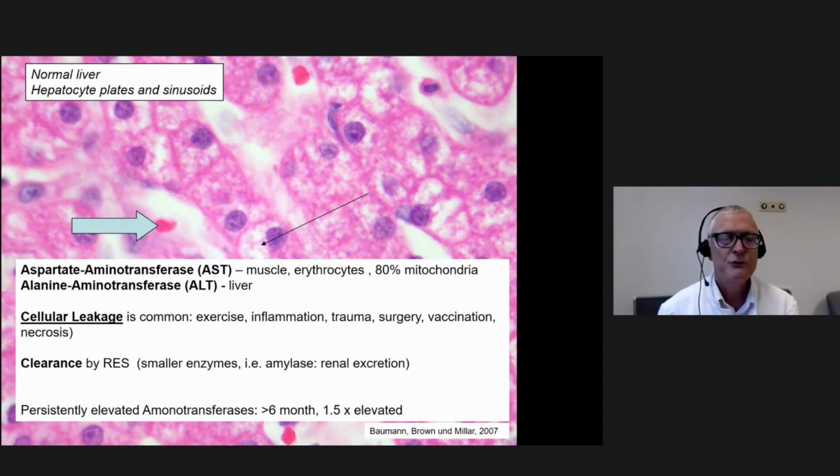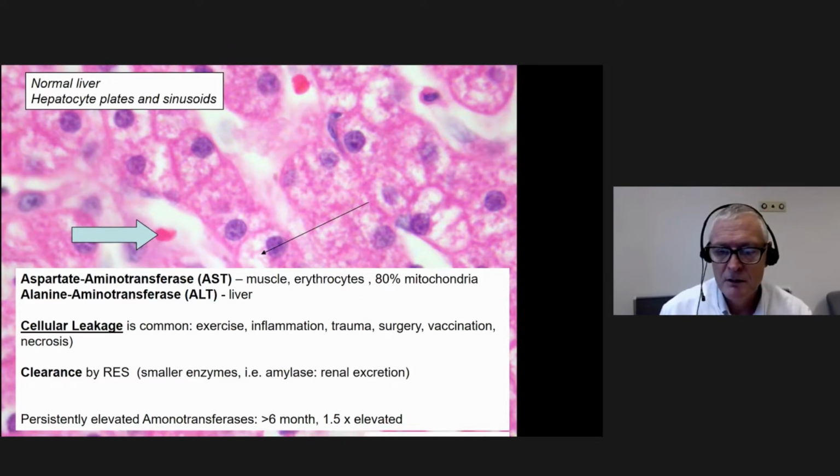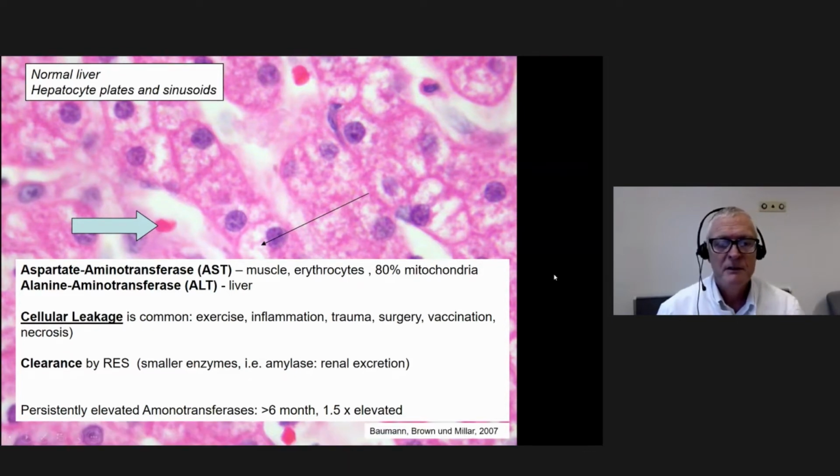An important source for transaminases is cellular leakage, and this is very common, may just be exercise. It does not have to be the marathon. It can be any exercise on the playground. Inflammation in all sorts, hepatotropic viruses or not, trauma, bruises from playing, surgery, vaccination, and not least necrosis.